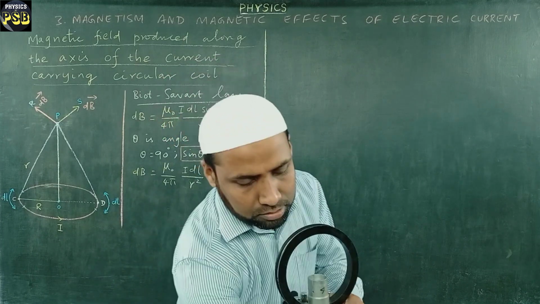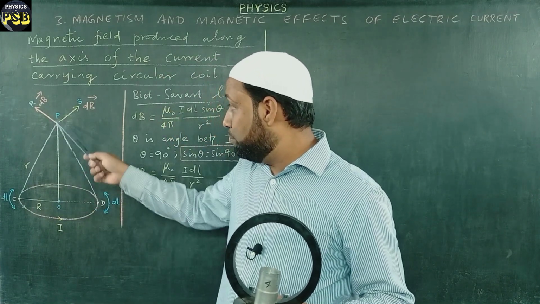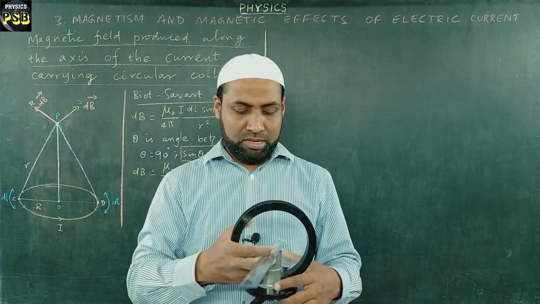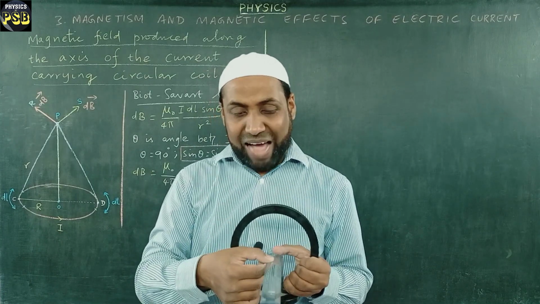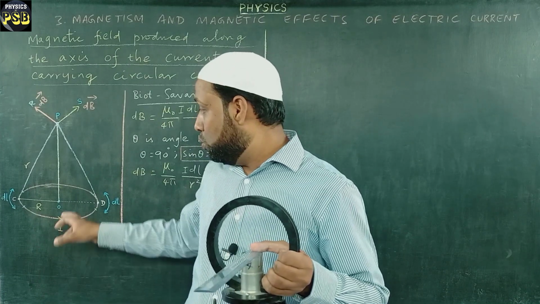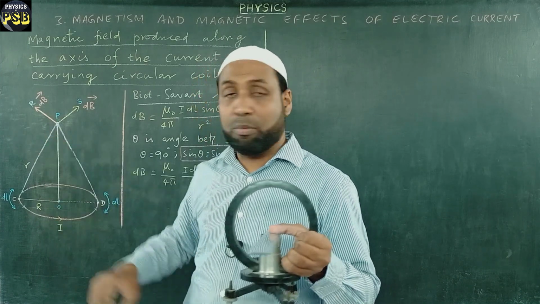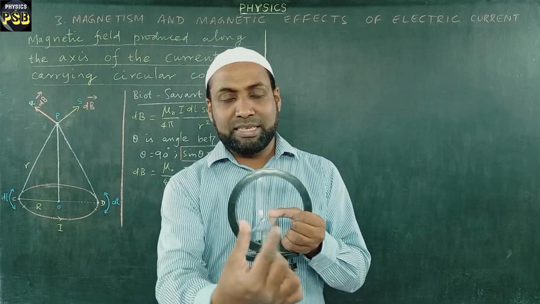Now, this line which connects O and P, I represent that axis which starts from the center of the coil and ends at the point P. It is represented by this scale.